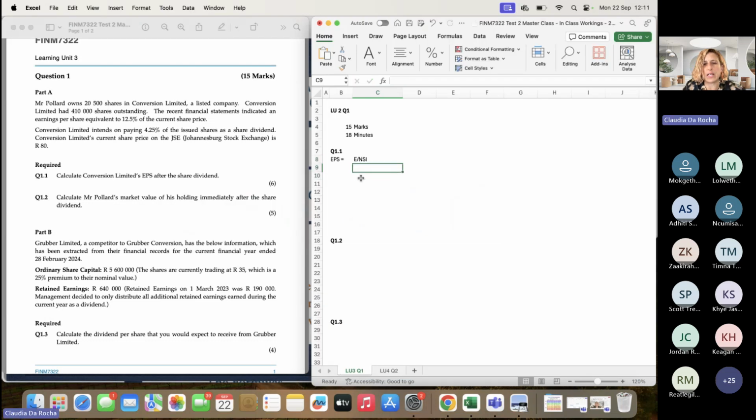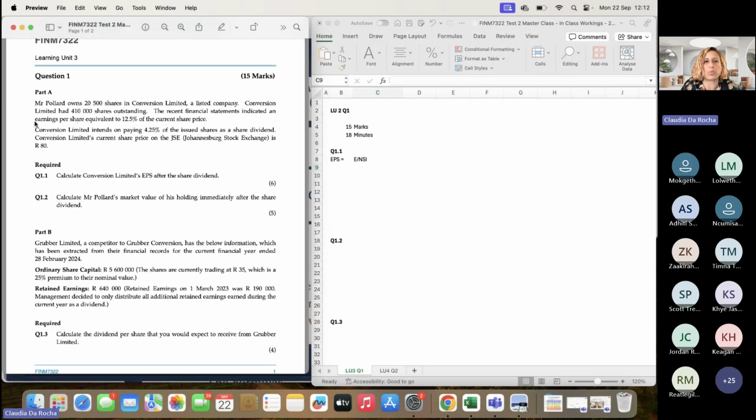Right, so E divided by NSI. Okay, now, with our earnings, they didn't give it to us per se. So they didn't say to us net profit after tax is X, okay? But what they have given us is they've said that our earnings per share is 12.5% of the current share price. So if they're saying earnings per share, they're basically saying that if we take our shares multiplied by the earnings per share amount, we'll get our earnings, we'll get our E, okay?